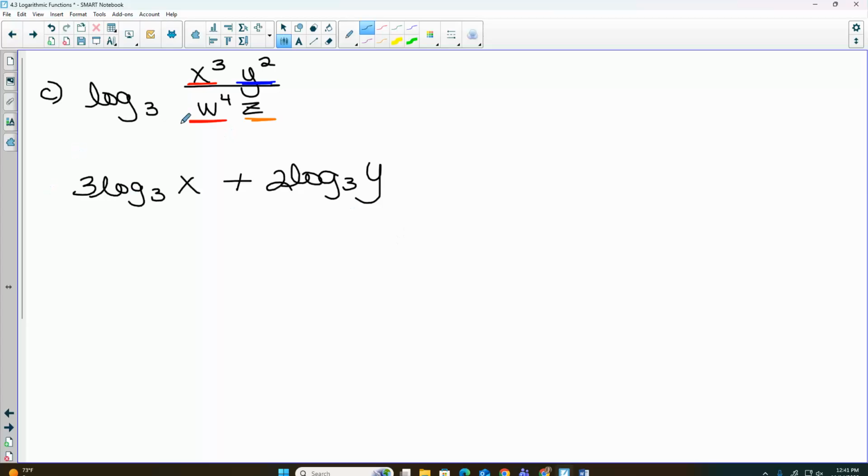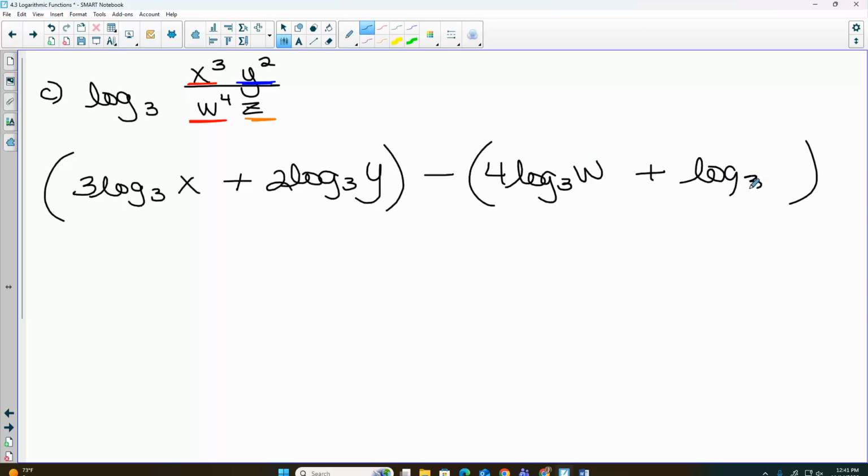Yeah. You have a couple different options. So you could say minus and then both of these. And I'll talk about the other option here in a second. So we had log base 3 of w to the 4th, so the 4 comes down. It was multiplied with the log base 3 of z, and it didn't have an exponent.